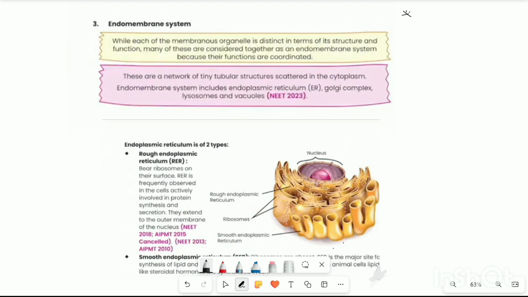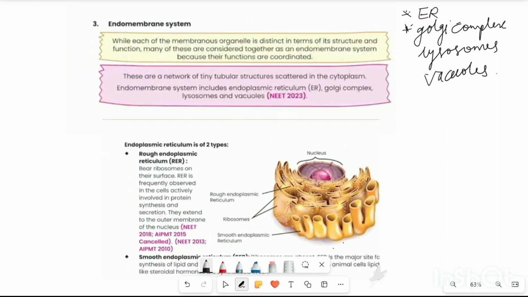First is the endoplasmic reticulum, second is the Golgi complex, lysosome, and vacuoles. While each of the membrane organelles is distinct in terms of its structure and function, many of these are considered together as the endomembrane system.